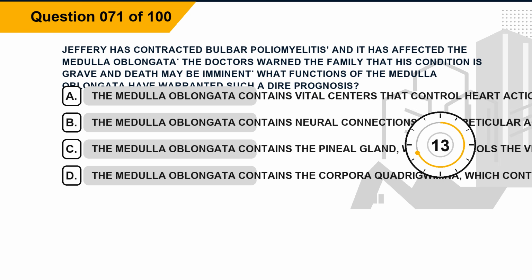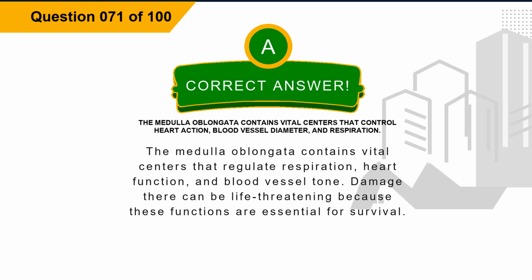Option C. The medulla oblongata contains the pineal gland, which controls the vital centers. Option D. The medulla oblongata contains the corpora quadrigemina, which controls the neural transmission of impulses along the spinal cord. The correct answer is option A. Explanation. The medulla oblongata contains vital centers that regulate respiration, heart function, and blood vessel tone. Damage there can be life-threatening because these functions are essential for survival.